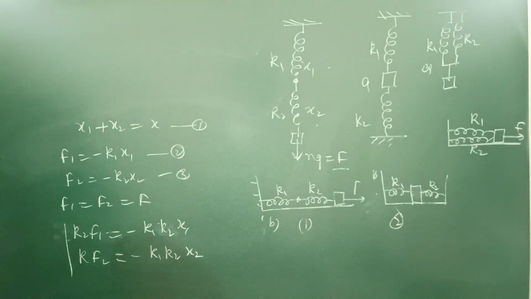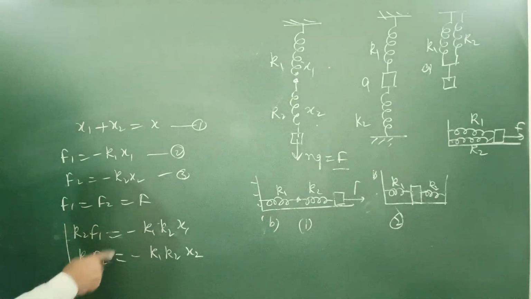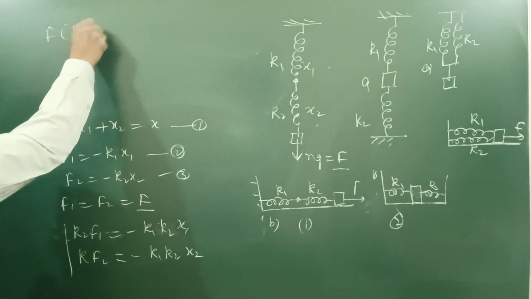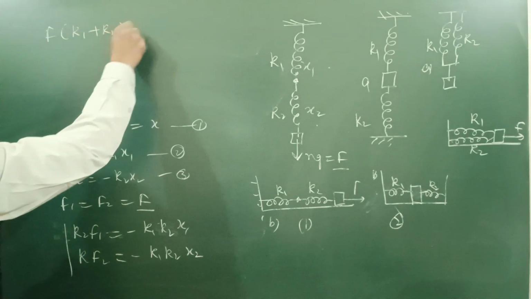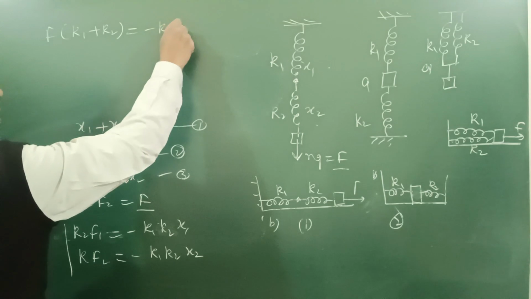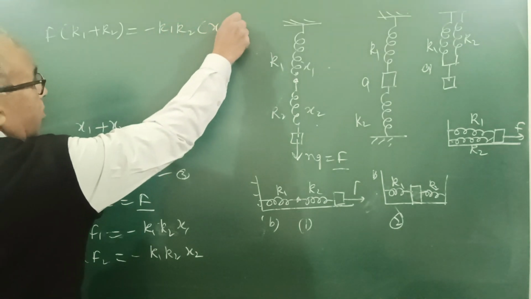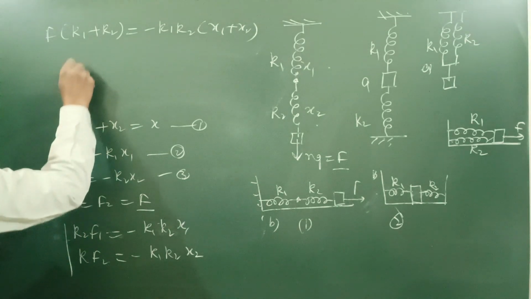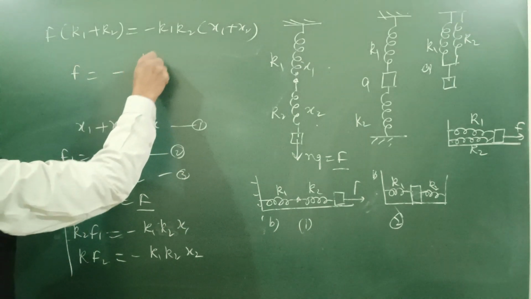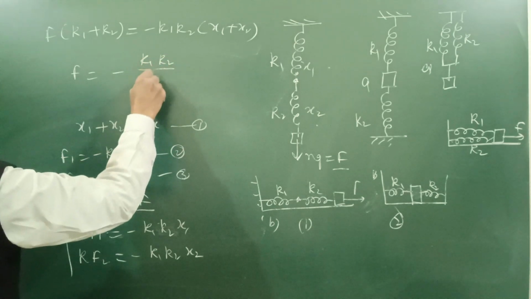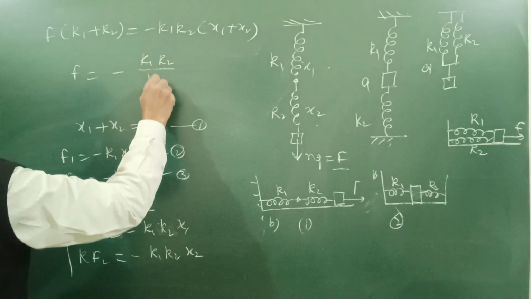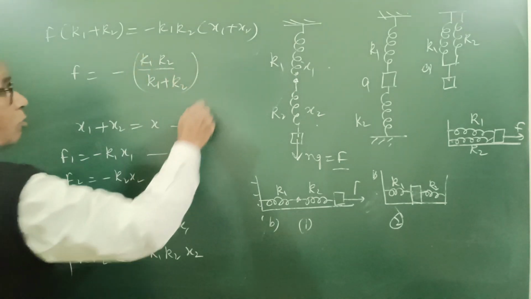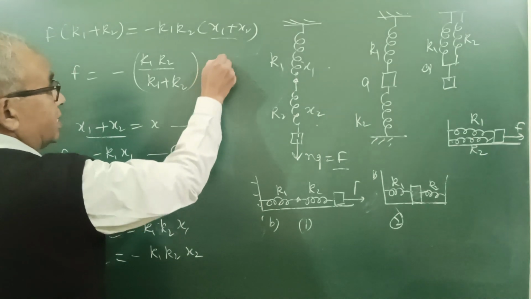look, F1 is equal to F2 is equal to F. So this is F into K1 plus K2, minus K1 K2 common, x1 plus x2, or F is equal to minus K1 K2 upon K1 plus K2 into x1 plus x2, which is equal to x.